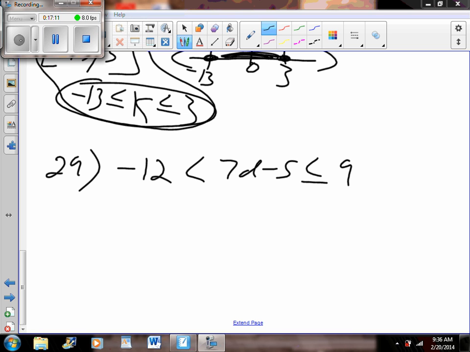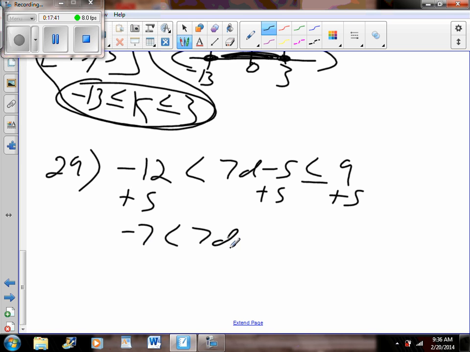All right, number 29. This one is obviously an and because of the way it's set up. No absolute value situations in here to try to figure out if it's an and or an or. So let's solve all parts of this simultaneously. The first thing I want to do is add 5 to all 3 parts. Negative 12 plus 5 is negative 7.